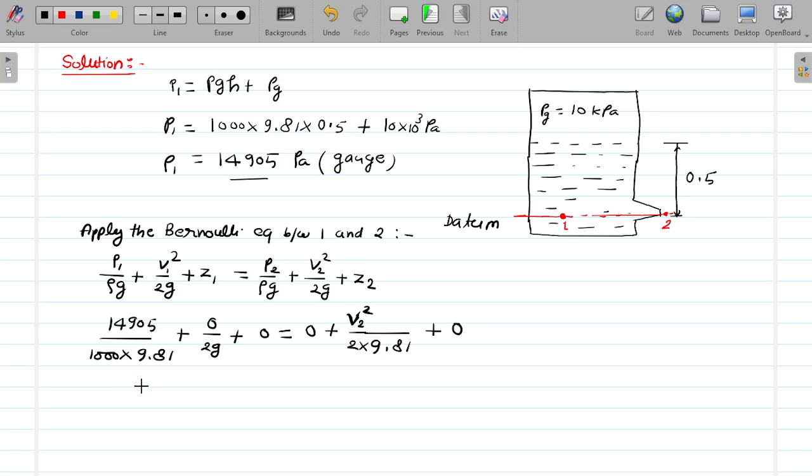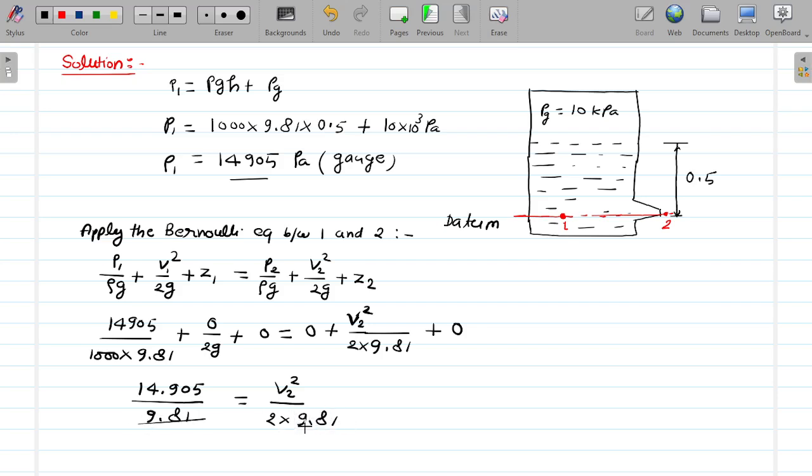Now just solve. 14.905 divided by 9.81 is equal to V2 square divided by 2 into 9.81.